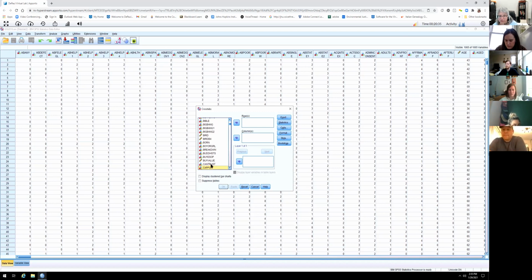So I'm going to put CAPPUN in the row because it's a dependent variable. It's the view on the death penalty, correct? And then I'm going to go back over here, and I know columns is my X, and my X here is race. Here is race. I'm going to put that in the column.